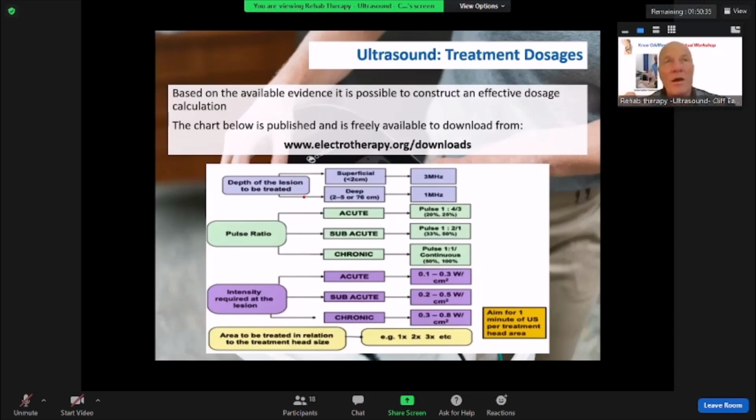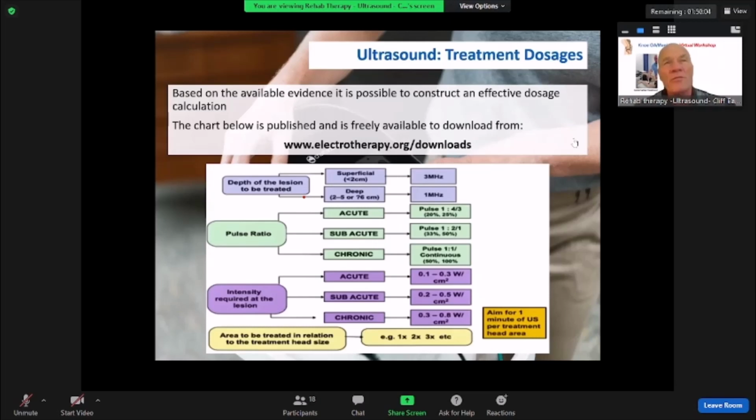So there are SATA tables, spatial average temporal average tables, which will tell you what dosage you need to apply at the skin in order to get that dosage at the lesion. Subacute is 0.2 to 0.5 watts per centimeter squared, and chronic is a lot higher, 0.3 to 0.8 watts per centimeter squared.